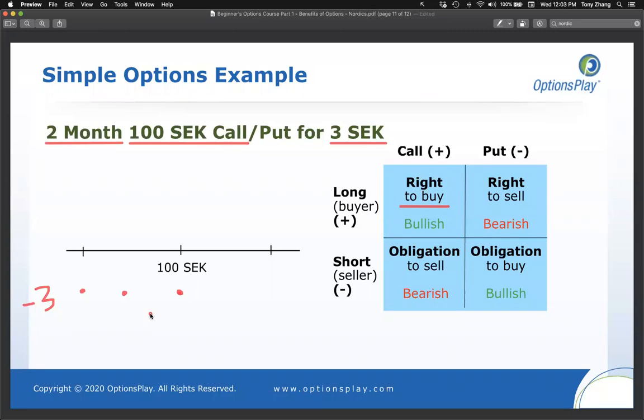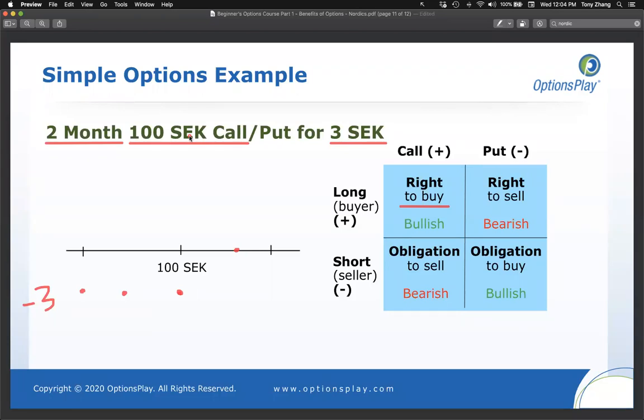However, remember, I paid 3 crowns to get into this contract. So if the stock moves 3 crowns higher, my strategy has basically broken even, meaning I gained 3 crowns on exercising my call option, but I paid 3 crowns to get into it. So my net is going to be 0. Okay, does that make sense to everyone? Please type 3 into the chat window if that makes sense to everyone.